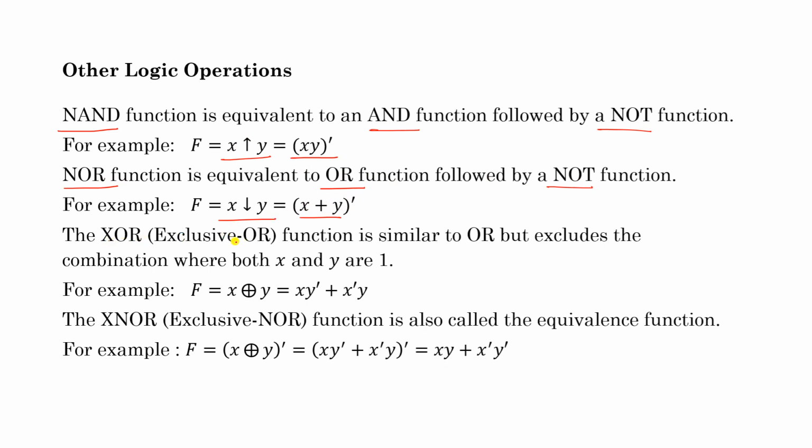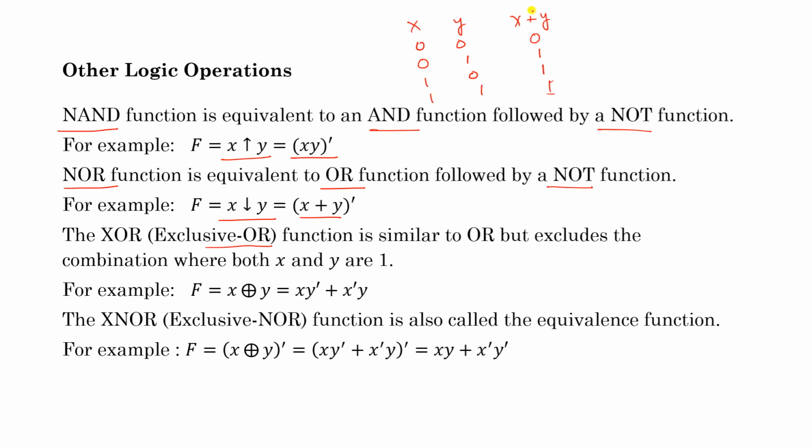XOR. This is exclusive OR. Exclusive OR is basically, if we talk about the simple OR, for two variables x and y, if you find x plus y, if it is 0 0, then you write 0. If it is 0 1, then it is 1, and if it is 1 0, then it is 1. If it is 1 1, then it is 1.